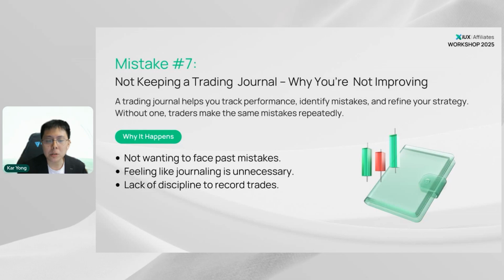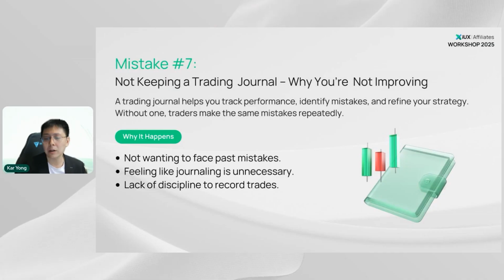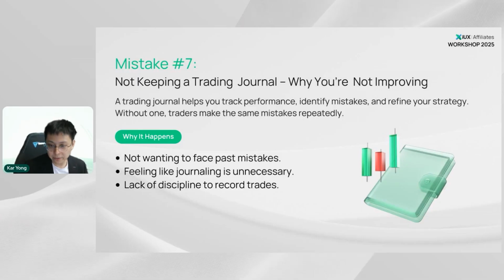Why? Because your broker statement does that for you, right? You have your MT4 statement, you have your MT5 statement. You can look at that very quickly. You can even link it to certain platforms to help you track all this performance. So in today's technology, a lot of this has been automated for you.